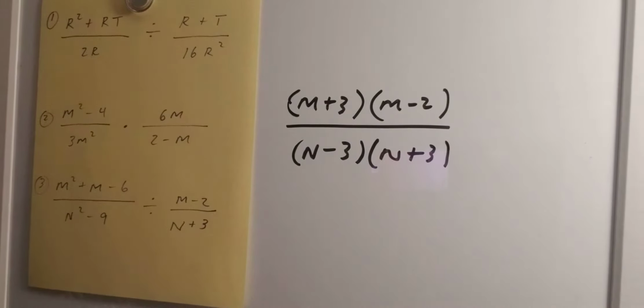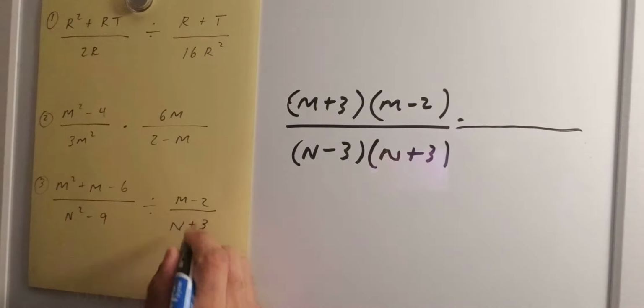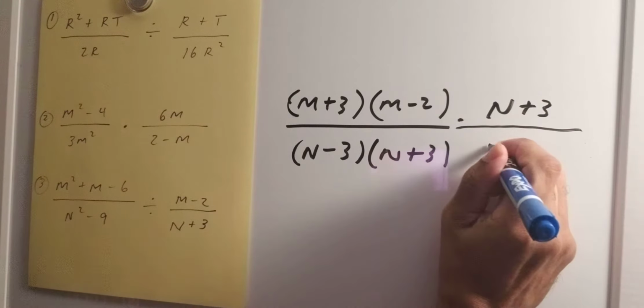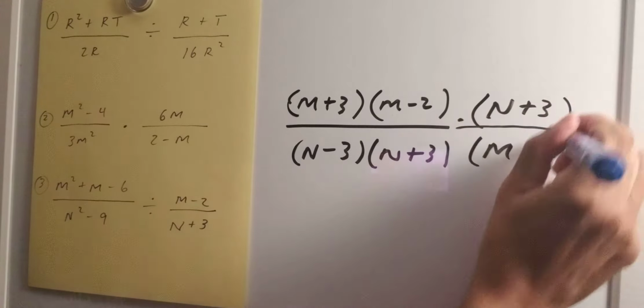And we'll be careful throughout this problem to not interchange m's and n's. Division converts to multiply, and we'll take the reciprocal, bringing n plus 3 to the numerator, m minus 2 to the denominator.